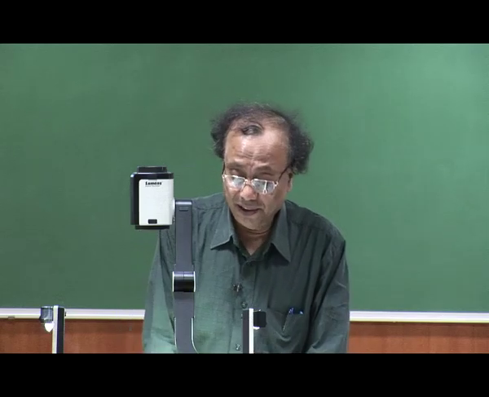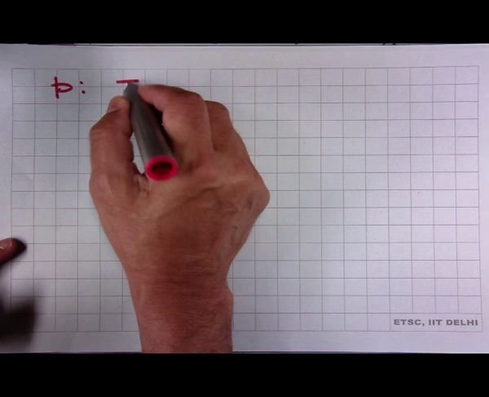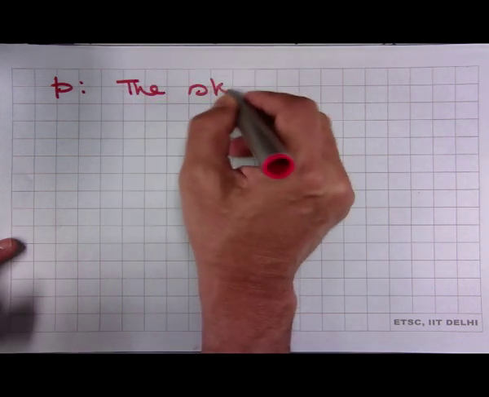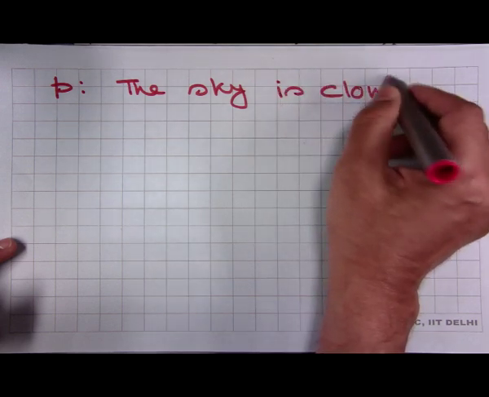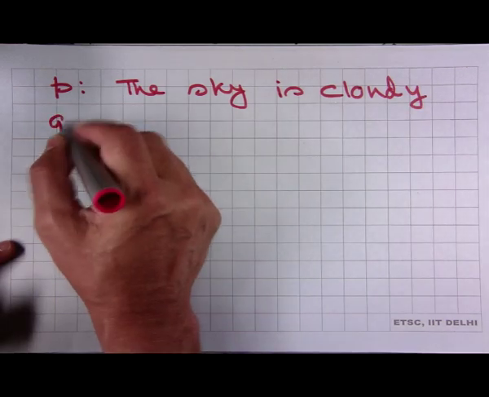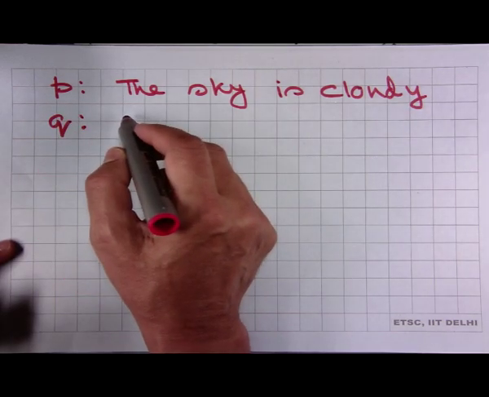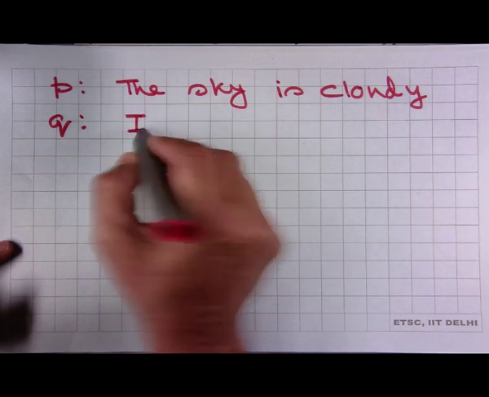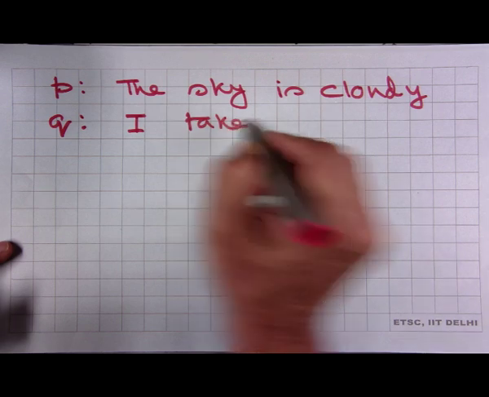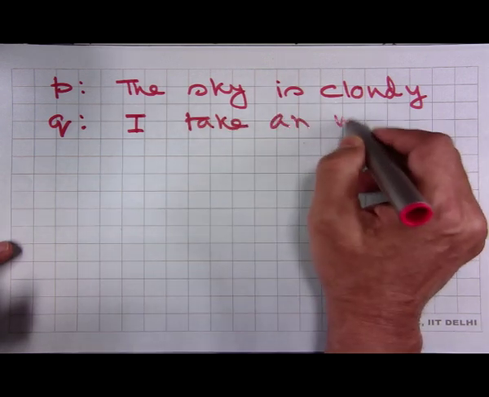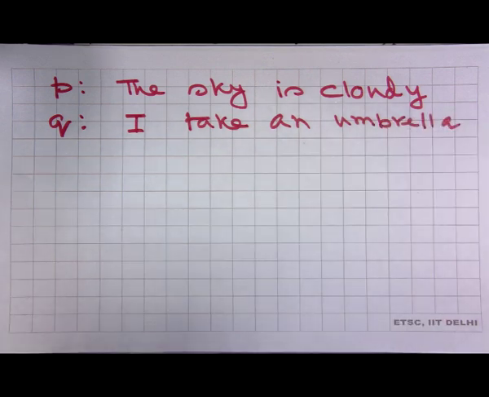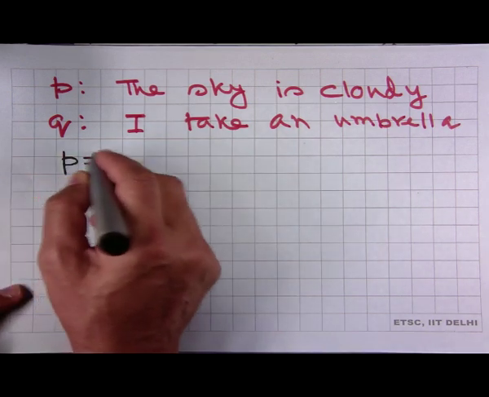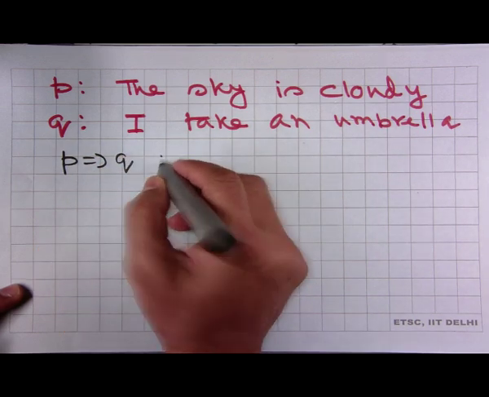Suppose P is the sky is cloudy, and Q is I take an umbrella. Therefore, P implies Q. What does it stand for?